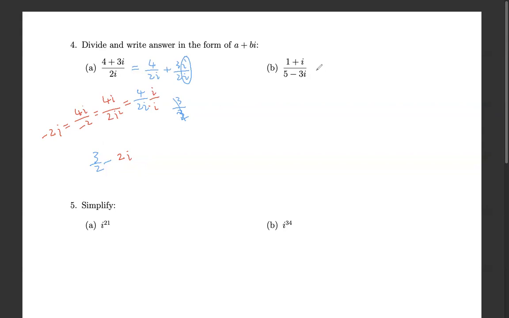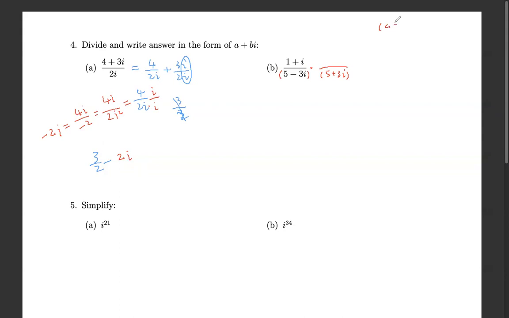Now let's see B. How do we divide by this? We want to multiply by the conjugate, which is 5 plus 3i. Difference of two squares, right?